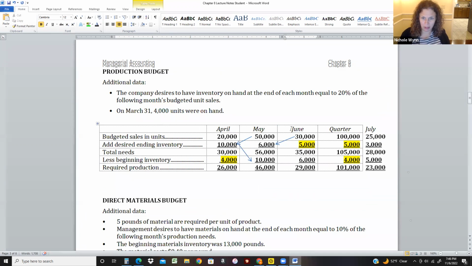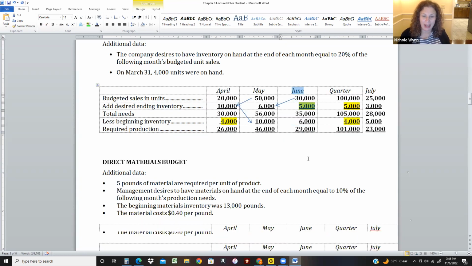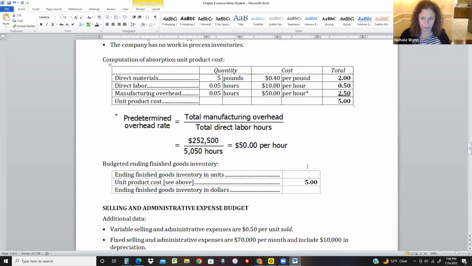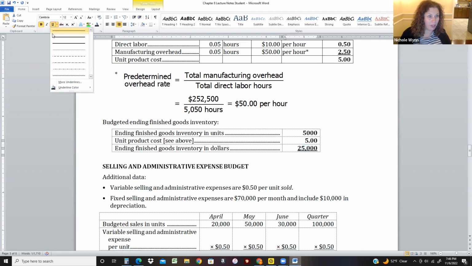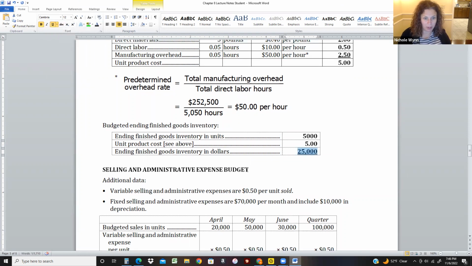So on June 30th, I'm going to end with 5,000 units. So we'll put 5,000 here. And each unit is $5. So that looks like $25,000 is going to be the value of my ending inventory on my balance sheet. And I'll need it later. So I'm just making a note about it.